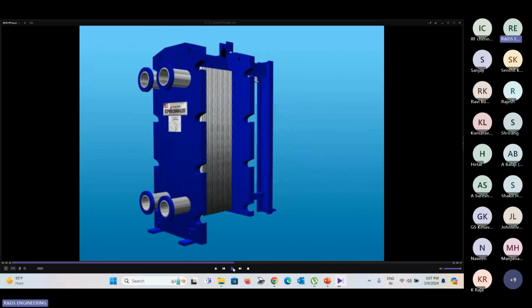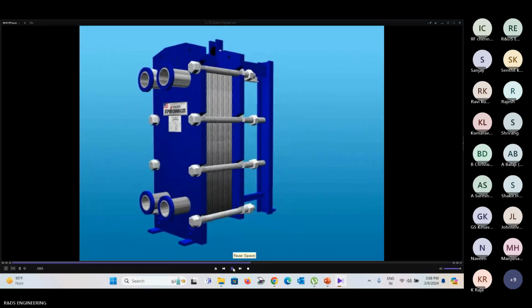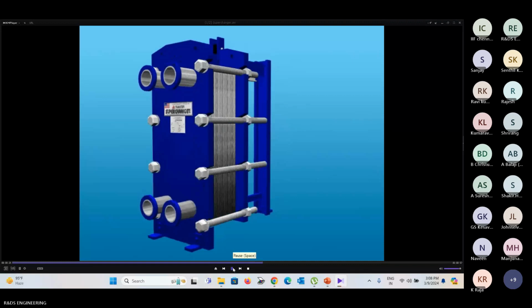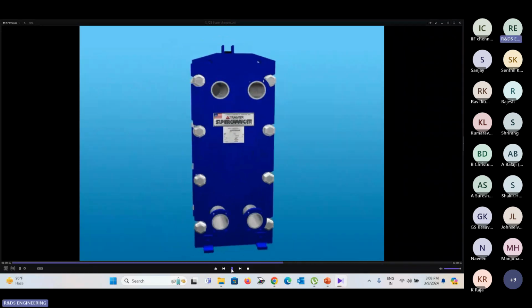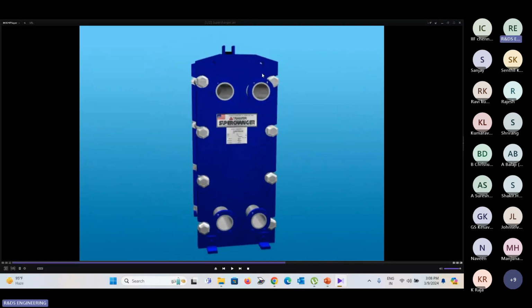The number of plates are stacked together with the help of rubber gaskets placed between the two frames, and tightened with the help of tie rods. If you see here, all the ports are connected on the front side.